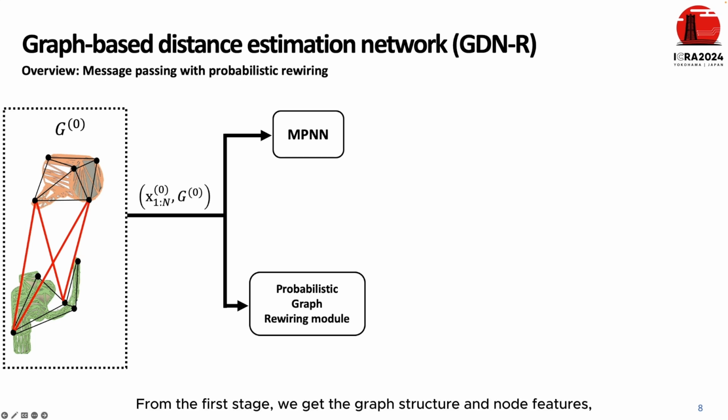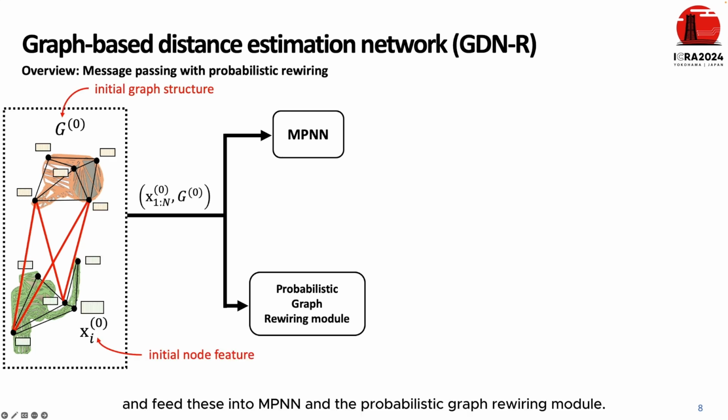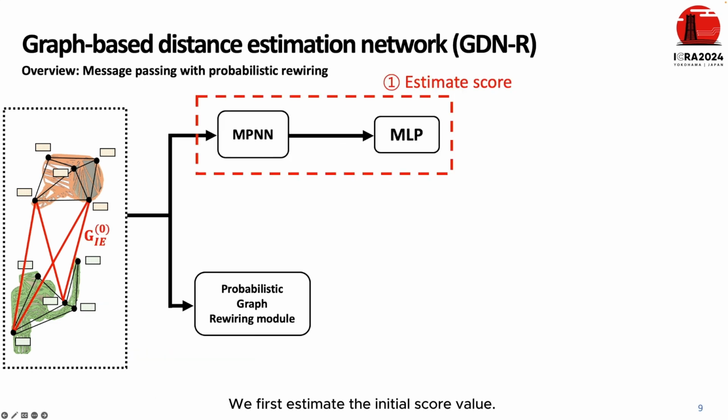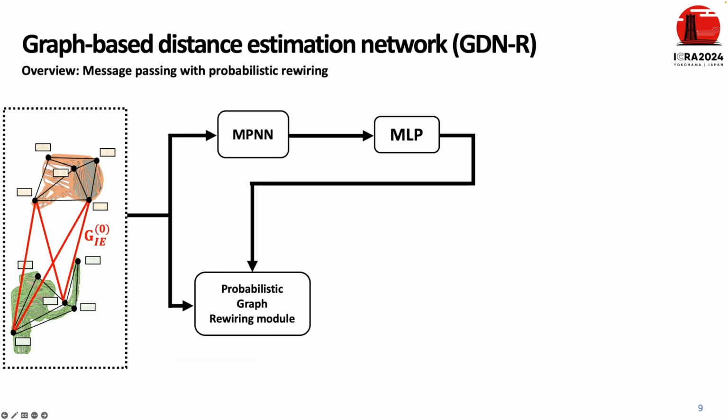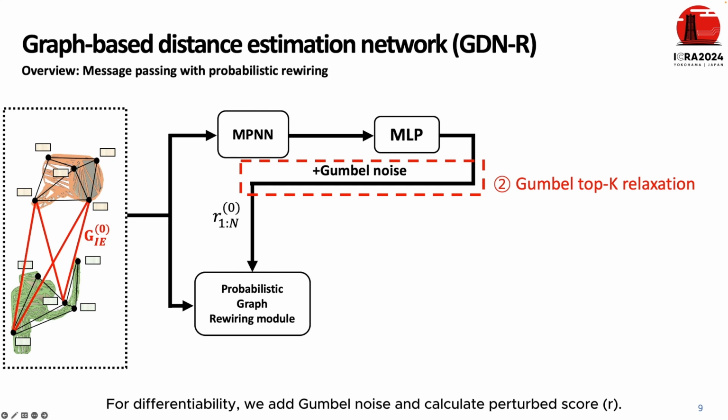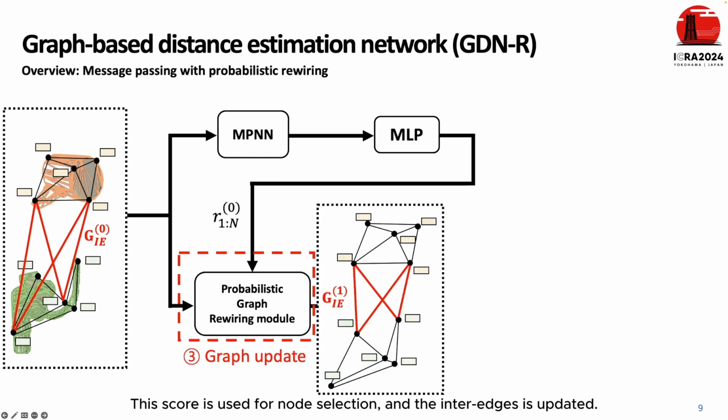From the first stage, we get the graph structure and node feature, and feed these into MPNN and the probabilistic graph rewiring module. We first estimate the initial score value. For differentiability, we add Gumbel noise and calculate perturbed score R. This score is used for node selection and the inter-edges are updated.